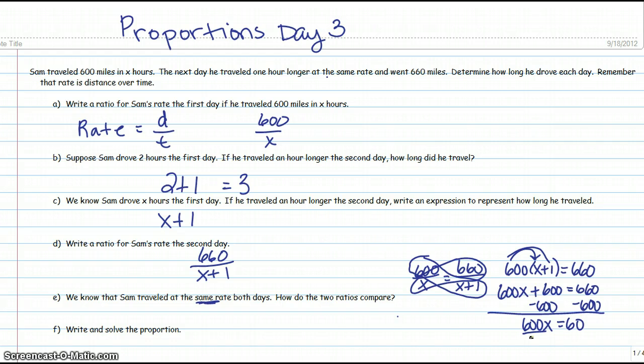I will then divide by 600 on both sides. So X is going to be 0.1. So X stands for the hours, so it's 0.1 of an hour, or a tenth of an hour. If we wanted to convert that to minutes, we could, but we're just going to leave it as 0.1 hours.